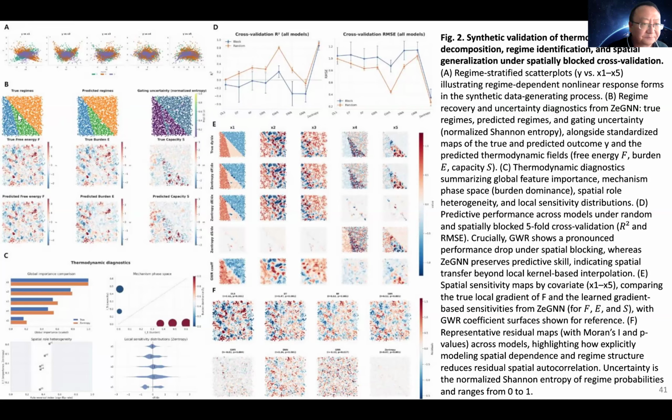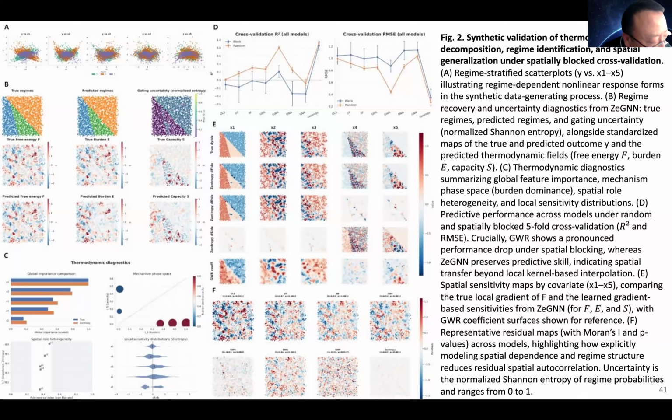In panel B here, you can see each point is one observation, one location. The location here matters. This is basically a true spatial location. And these are the points you see. These are the two regimes here.